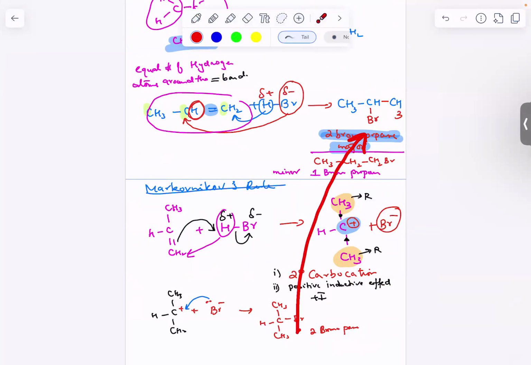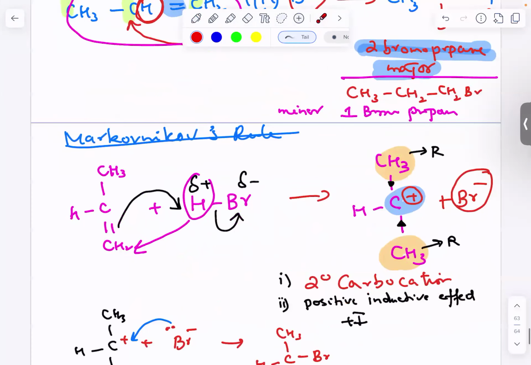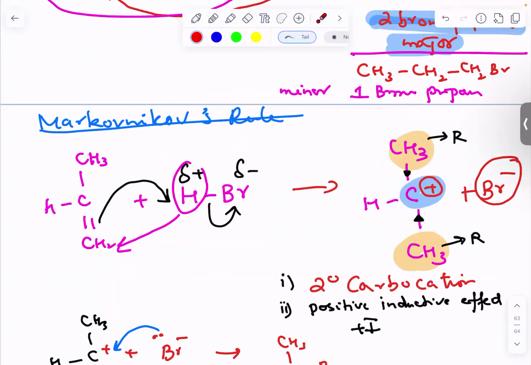And if we had done it the other way around, let's suppose we do not add this hydrogen here, and if we add it here, then we are going to get a primary carbocation. Why? Because the carbocation is bonded to two hydrogen atoms. So that would be a primary carbocation.